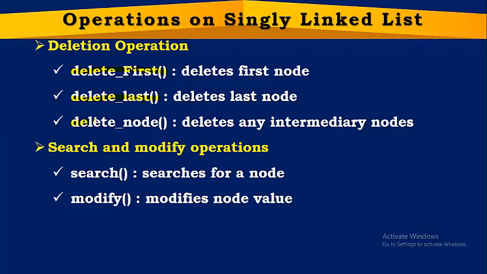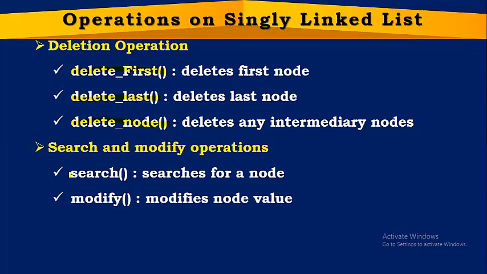When you call the function delete_node, it prompts the user which node you want to delete. Then we should enter the value which we want to delete. Then it searches for the node with that value, and then it deletes that particular node.